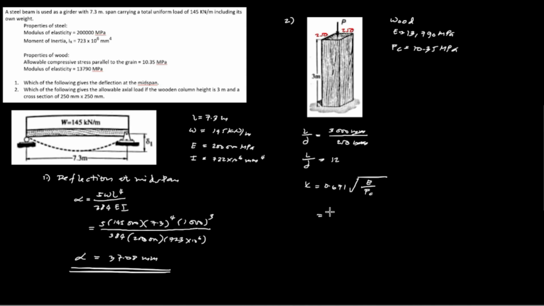And substitute the given values, so 0.671 and square root of E, 13,790, divided by F sub C, or 10.35. So the value for K is equal to 24.49, which is greater than the value of L over D, that is 12.